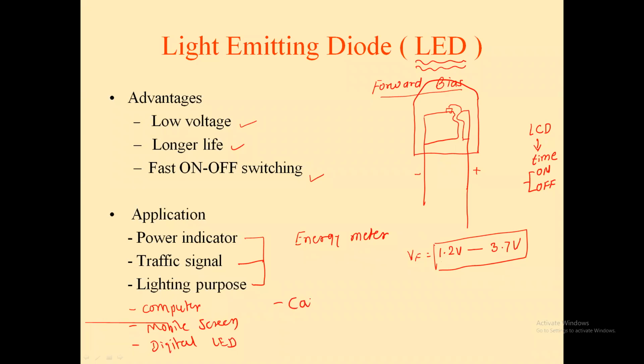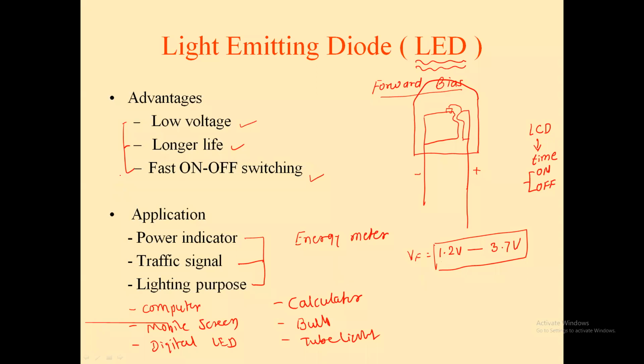Then the calculator is also an application of LED, the calculator screen. Then your bulb is also an application of LED, we say LED bulb. Then your tube light is also an application of LED. So like that, you can give many applications of LEDs. And because of these three advantages.